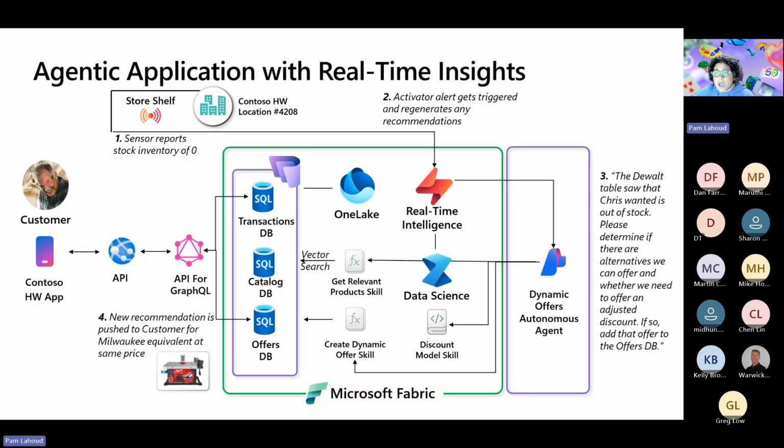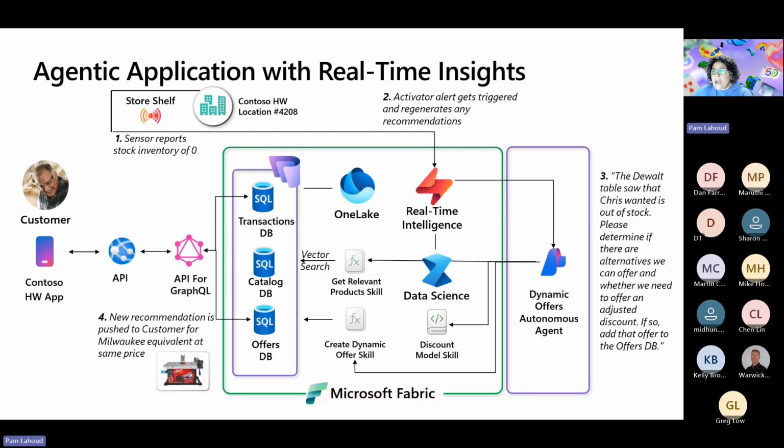So let's imagine that we have this customer with an app on their phone, browsing for hardware from the Contoso hardware company. And this customer is looking for a DeWalt saw, okay?